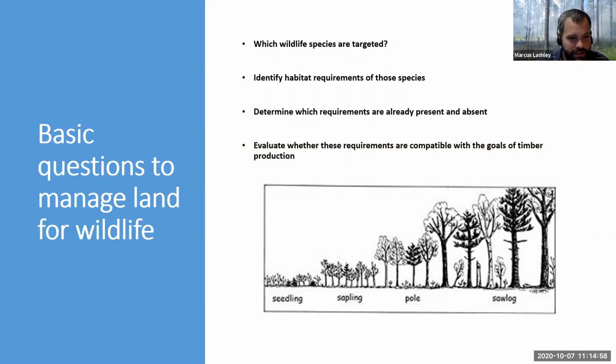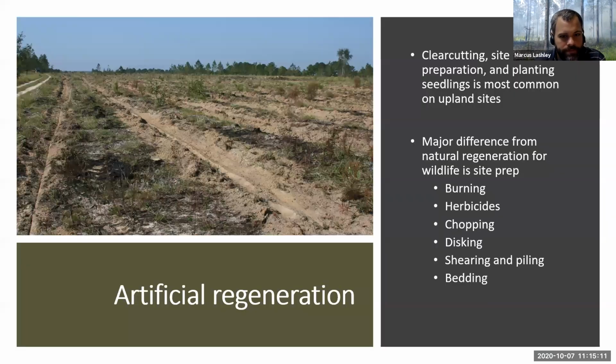So they're an integral part of a forest management strategy to think about those two things, wildlife habitat and timber production, in tandem, especially when they're both high on the list of objectives. So the most common method that you've probably seen for regenerating forest, okay, let me make a key distinction here.